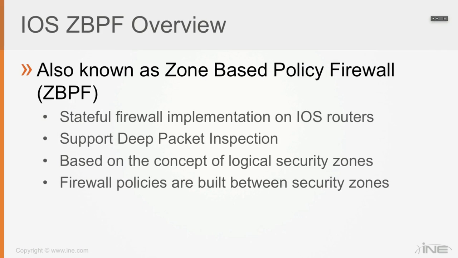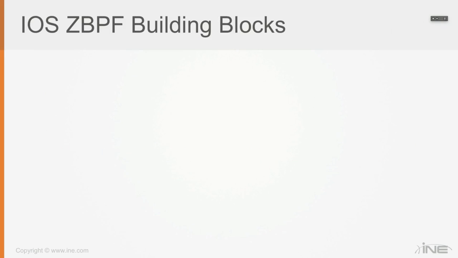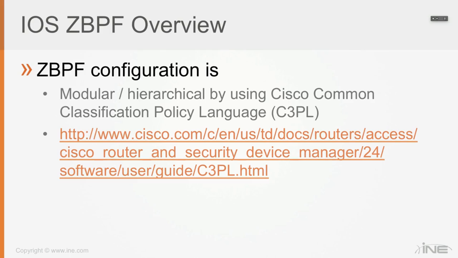So either way, on the IOS firewall, we're going to build firewall policies between zones, and those zones are nothing else but some logical segmentation of the network. Configuration wise, it is going to be modular and hierarchical. As you're going to see, it's going to make much more sense once we finish all of the options needed for the CCNP exam.